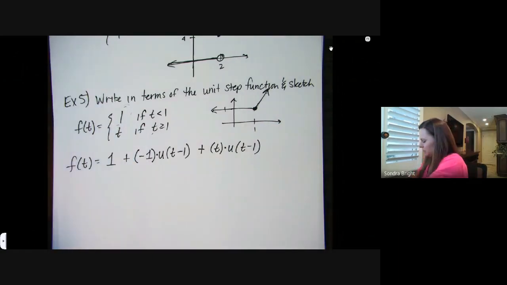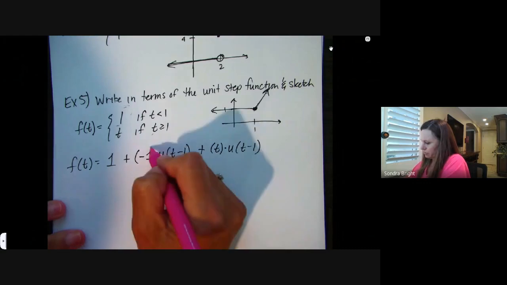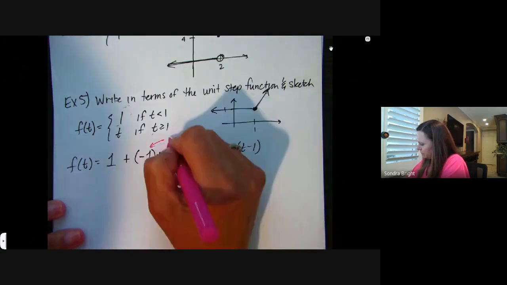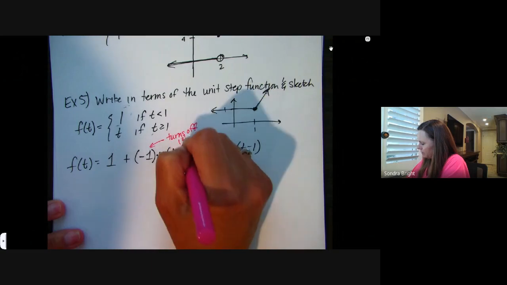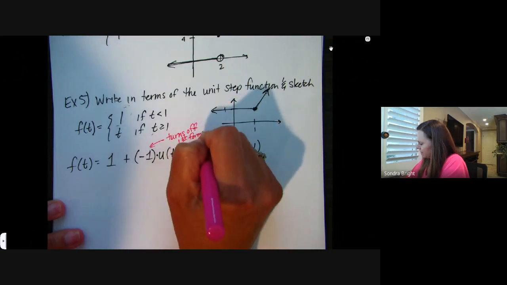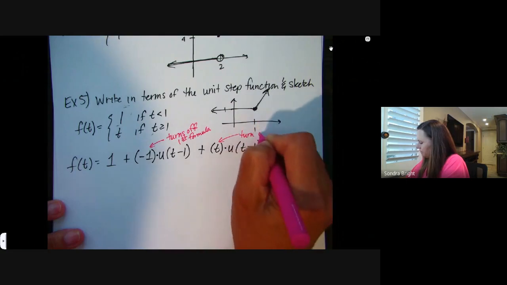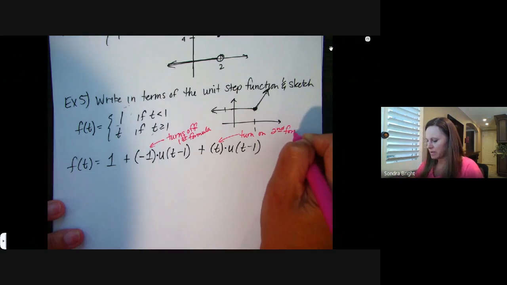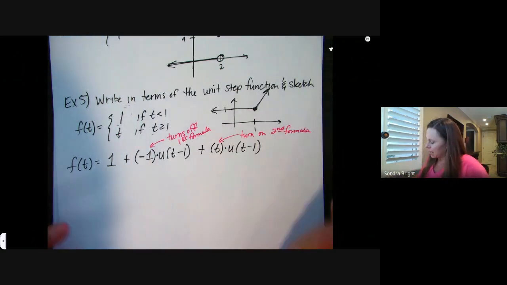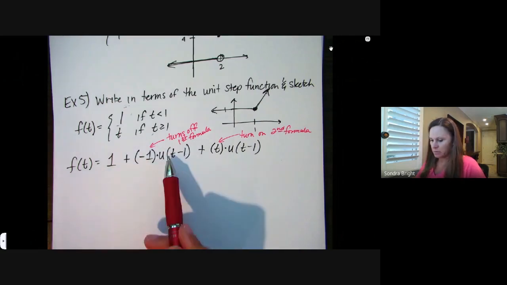Now, let's write that. This turns off the first formula and then this is turning on the second formula, for lack of a better word. All right, so we subtract the u of t minus 1 to undo this 1, go negative 1, right?